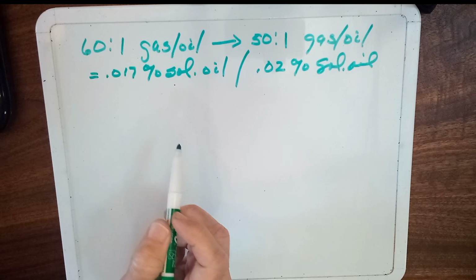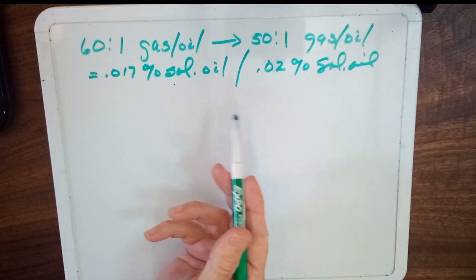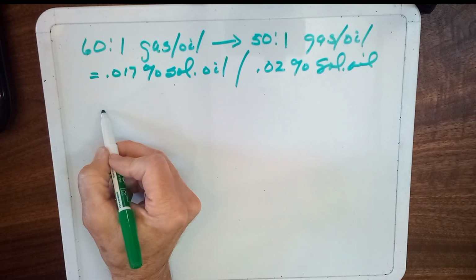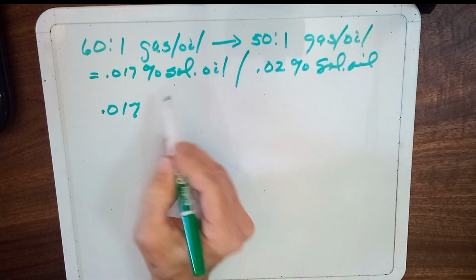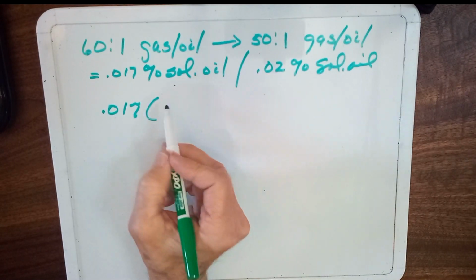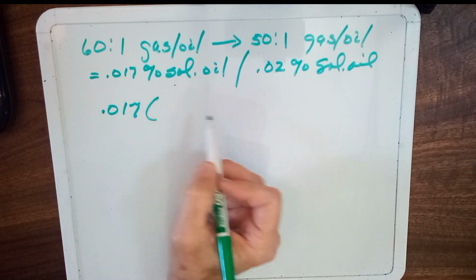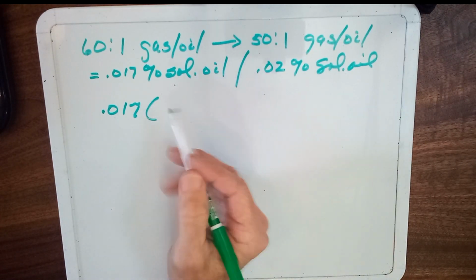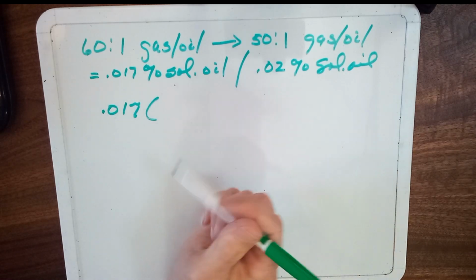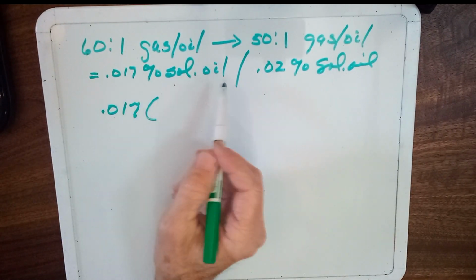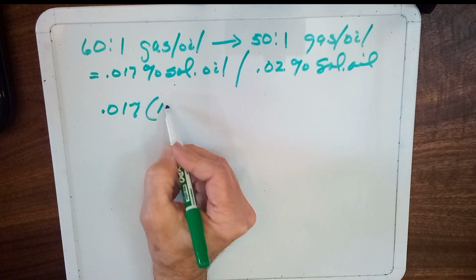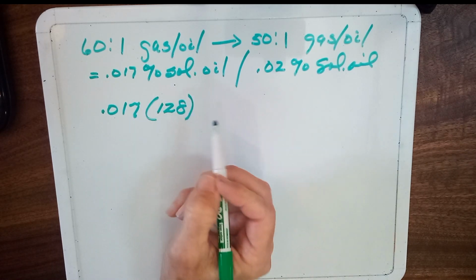So in this case, if I have a gallon of that, I have 0.017 of, and we're going to keep it in ounces because usually our oil comes in ounces. The gas can be expressed in ounces. So 1 gallon, which is the amount I have, is 128 ounces.